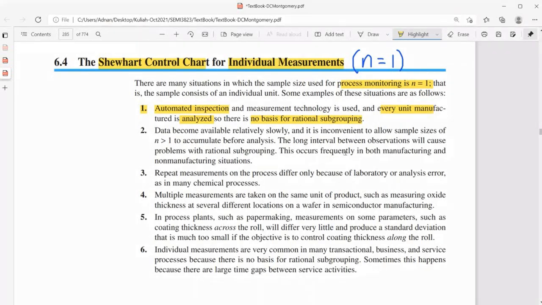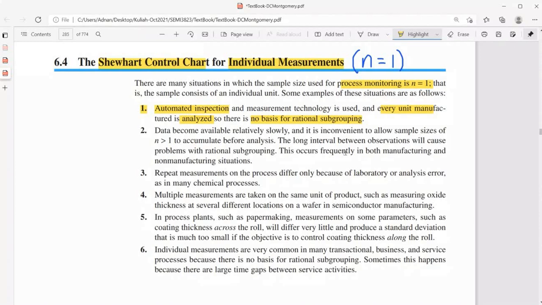So you have no luxury of taking more than one, because everything is being measured. It's really 100% inspection. And another situation is you don't have the luxury of taking more than one because it's expensive.